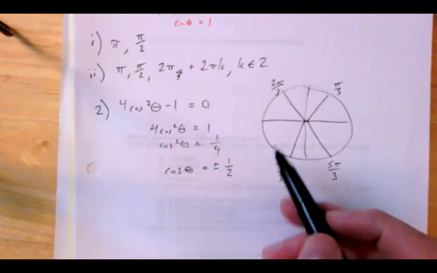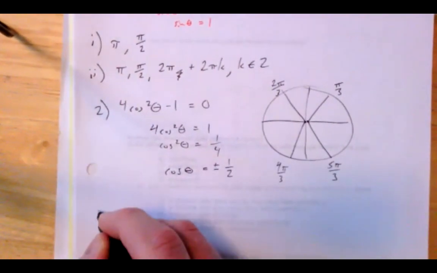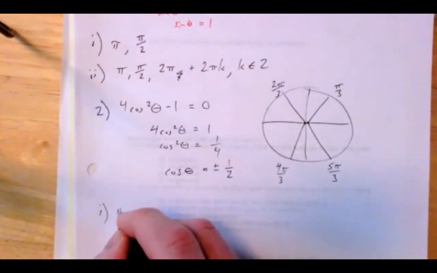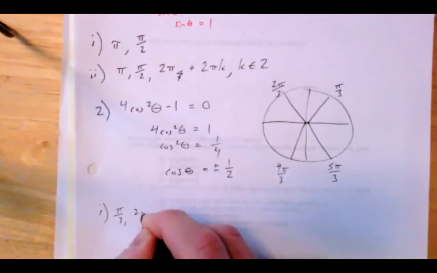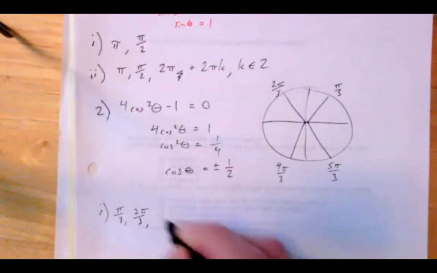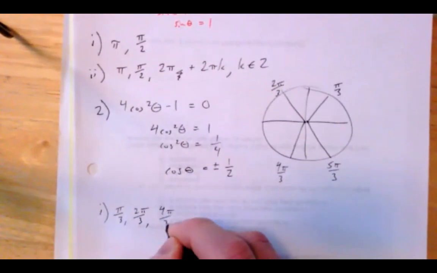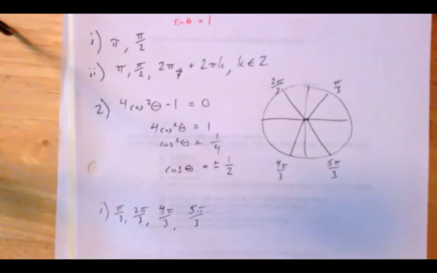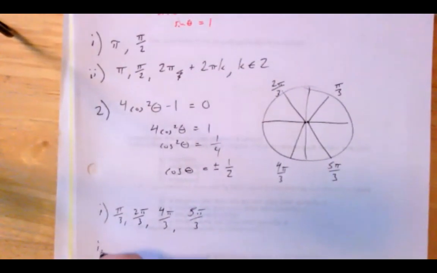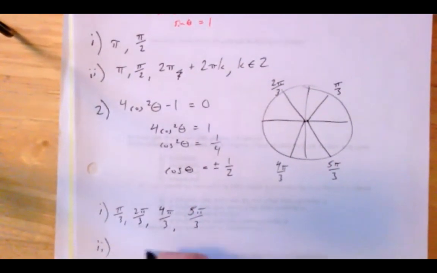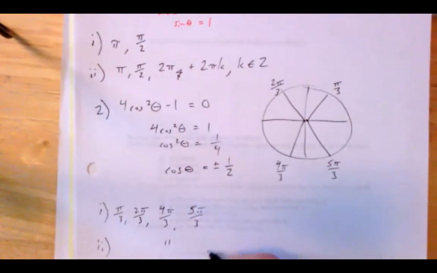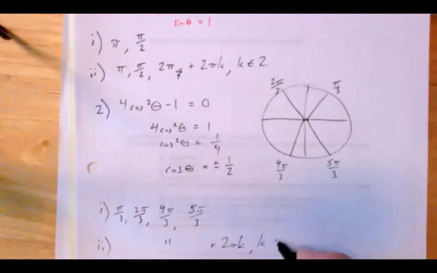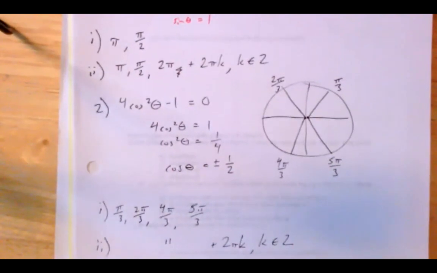Those all fit between 0 and 2 pi. So our answer for part one is all those: pi over 3, 2 pi over 3, 4 pi over 3, 5 pi over 3. And for the second part, the general solution, it's again just all this plus 2 pi k, where k is an element of the integers.